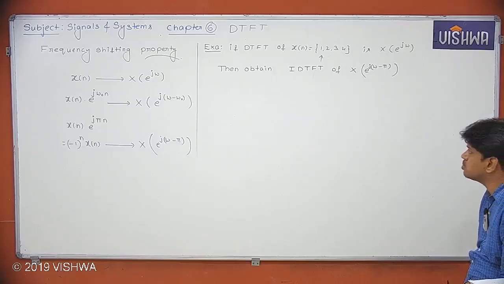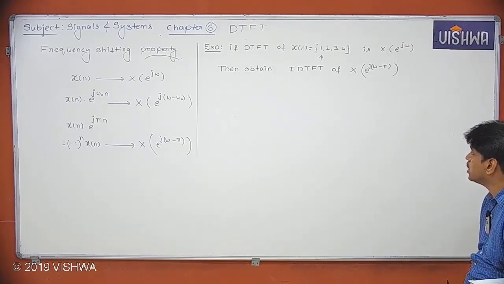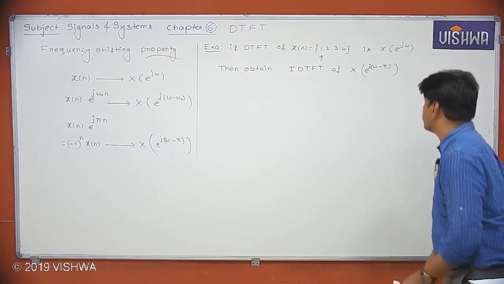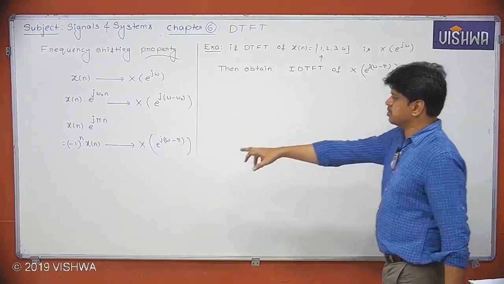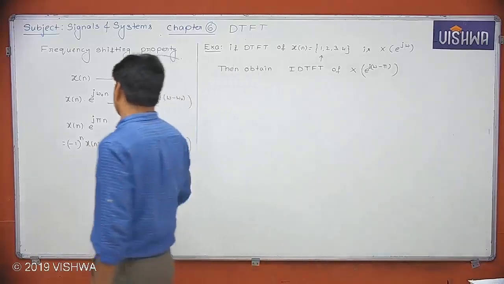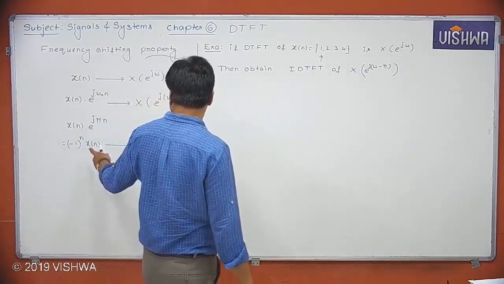Let's try this question. If the DTFT of x of n is x of e power j omega, then what is the inverse DTFT of x of e power j (omega minus pi)? This is this case. So we have to get minus 1 whole power n times x of n.